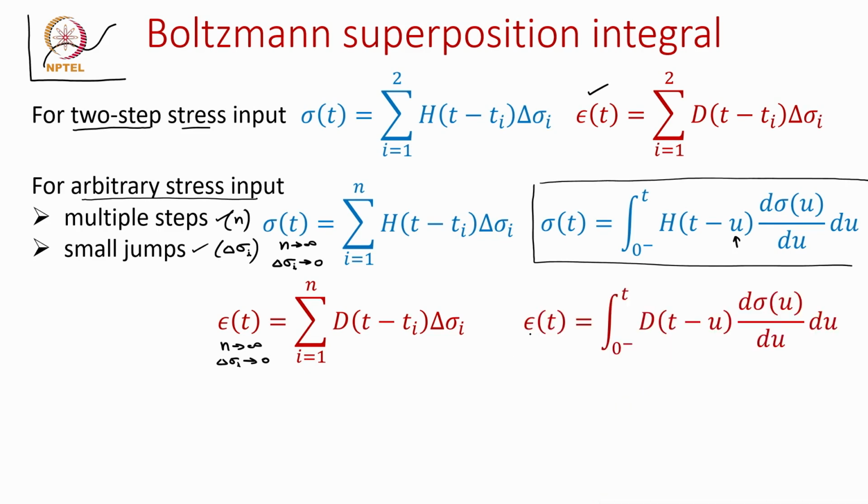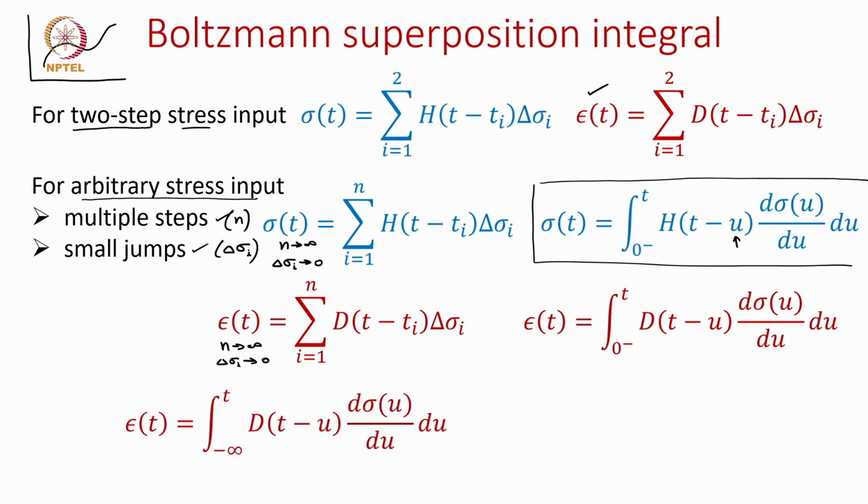So, now we have the strain response given in the integral form from 0 minus to t, in terms of the creep compliance D and the input stress sigma. If you notice carefully, this 0 minus can be replaced with minus infinity as well.